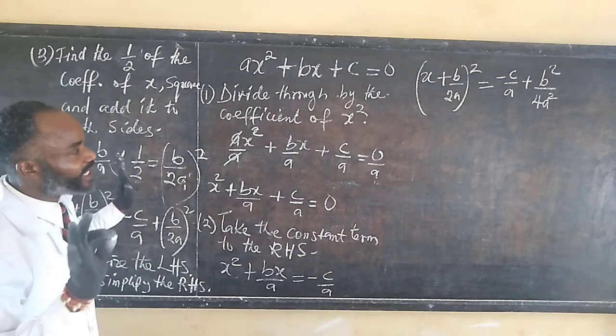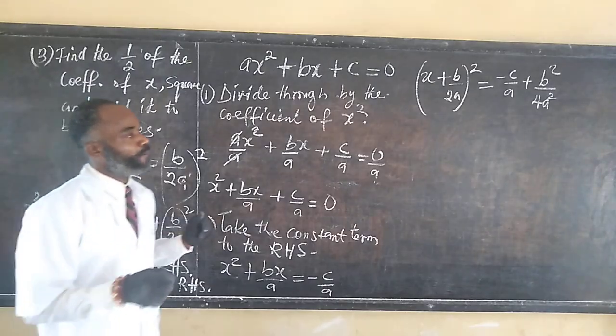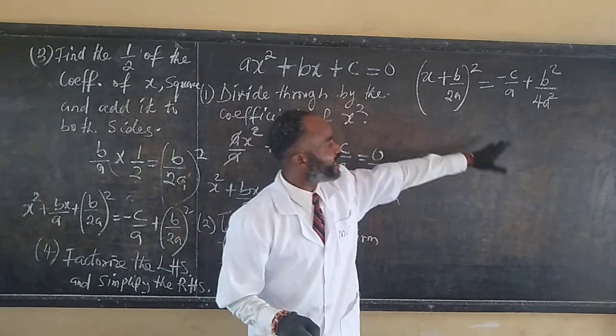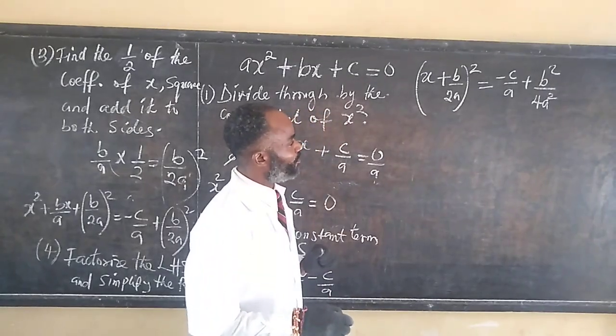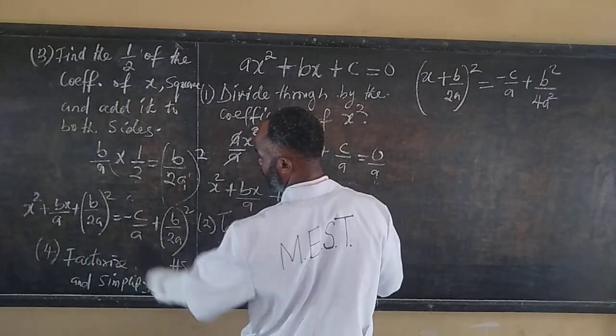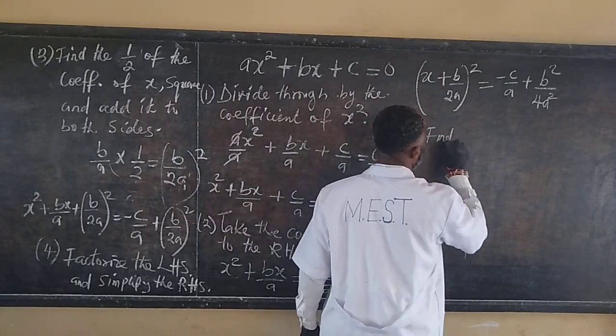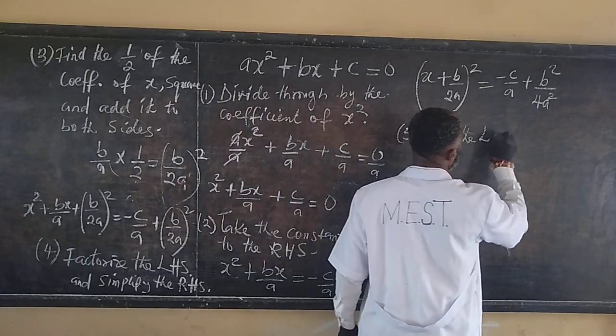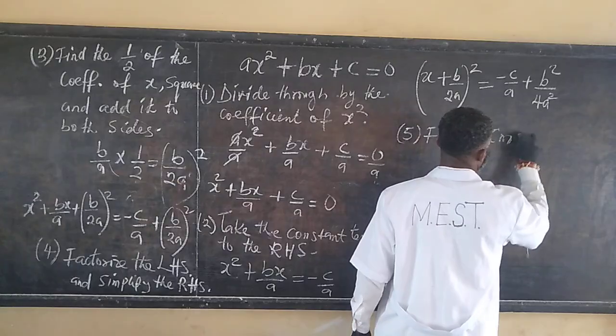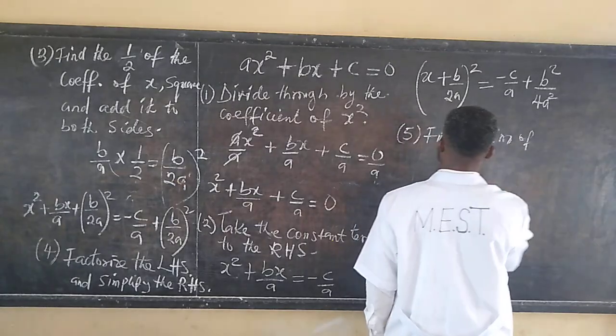The next thing is we find the square root of both sides. But first of all, let's look at finding the LCM. That's the fourth; this should be the fifth one: find the LCM of the right-hand side.